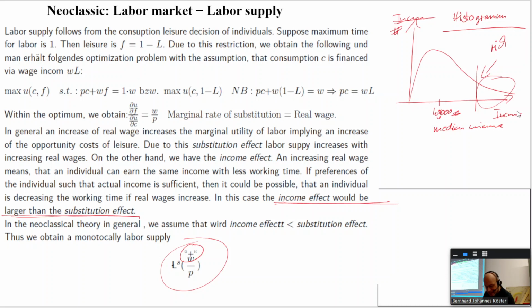But then you see this income distribution is not symmetric. So we have a relatively low number of very rich people. Let's say this is more than 100,000 or something like this.